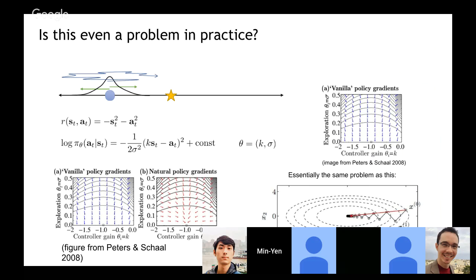Right, so the Fisher information matrix is measuring the distance more accurately because the policy space isn't flat and uniform, right? And so we can use it as a drop-in replacement in the optimization function.